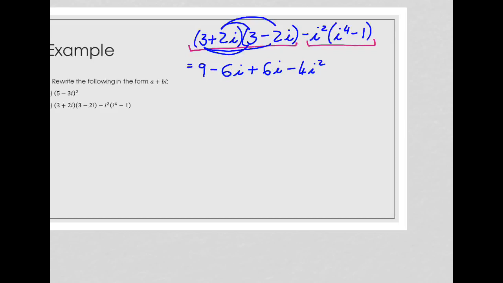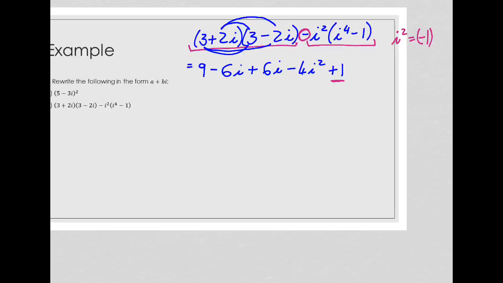Negative i squared we know is plus 1, because remember i squared is equal to negative 1, and this negative 1 times the negative that's there in front already gives me the plus 1.